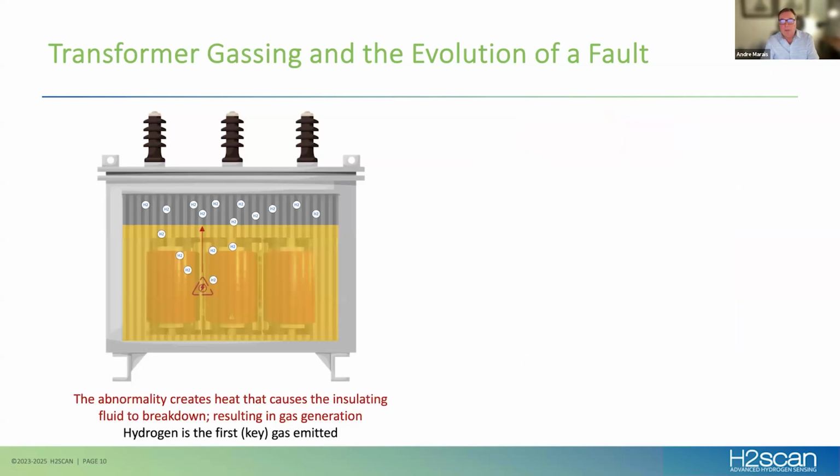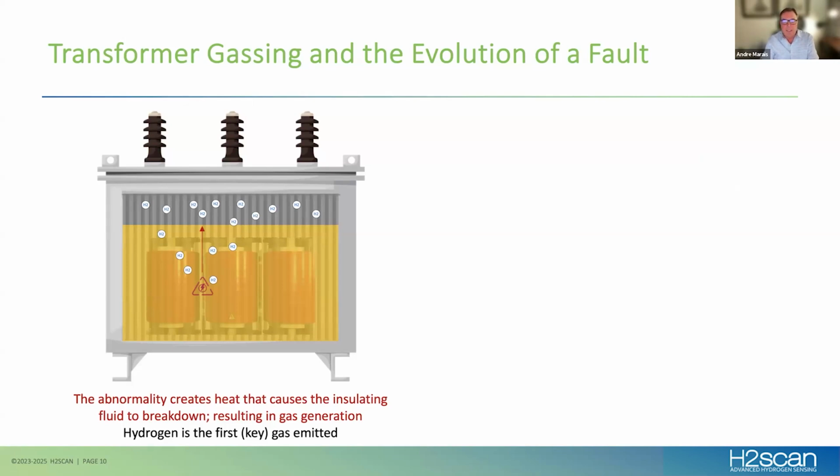That abnormality will create heat within the transformer. That heat will cause the insulating fluid to break down, and it's that breakdown process that will result in generation of gases. And hydrogen, as we'll see in a moment, is the first key gas that's emitted.